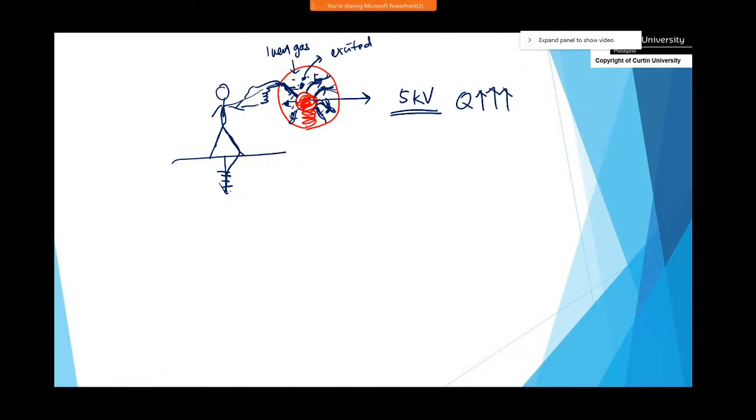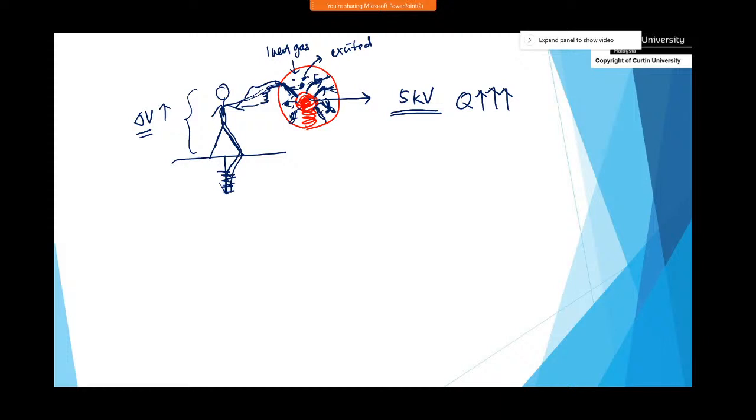That is the characteristic or the nature of electricity. They will prefer to go to the ground, whereby it actually creates a bigger potential difference. So we will look at potential later, yeah?